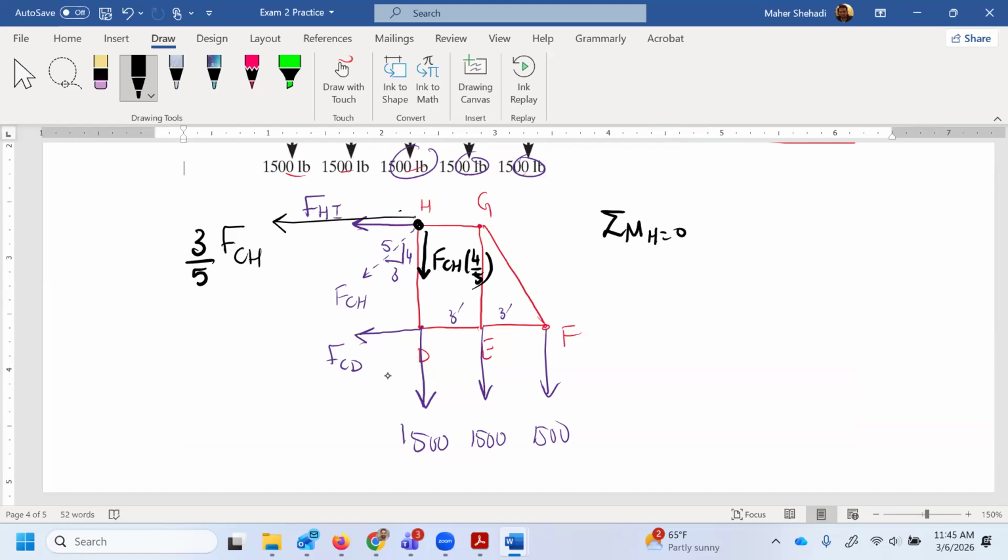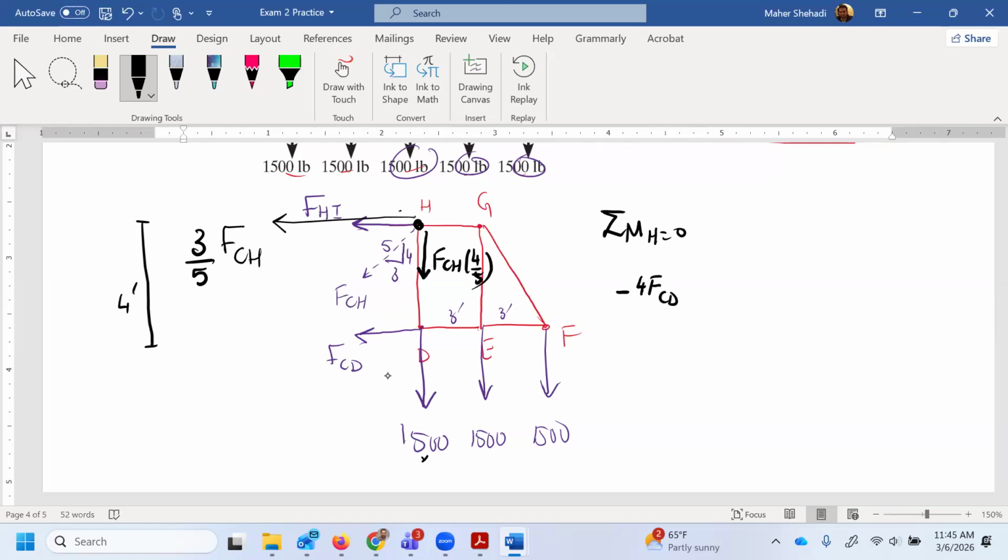So CH and HI are passing through that point. Actually, also this 1500 is passing through it, so it's not going to create any moment. What do we have? I have FCD. We remove this distance. It's 4 feet. So FCD is going clockwise, so it's minus 4 FCD.